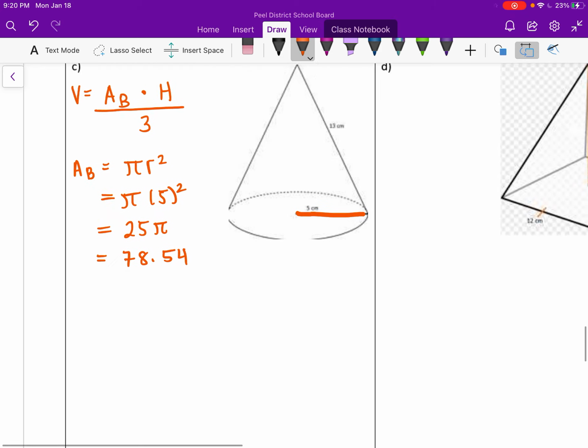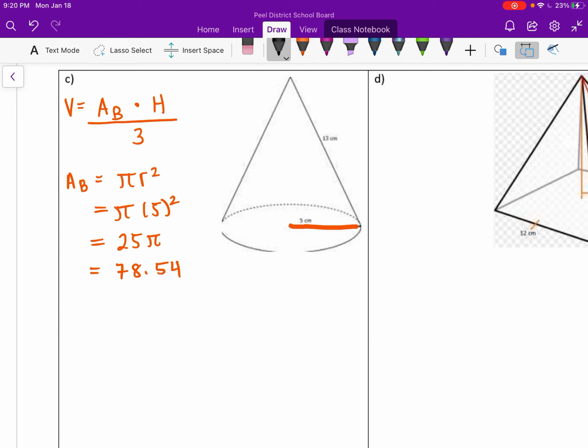Now, I want to find area of the base times the height, right? So I want to find this measurement right here. But I actually don't know what this height is. We don't know what capital H is. But there's a really easy way to find this. This is something called a right circular cone.